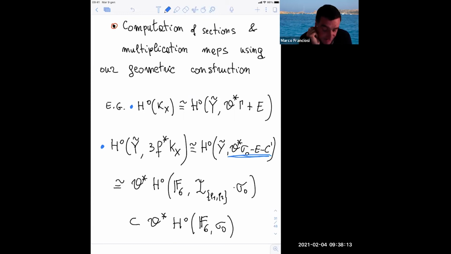It is theta star of sigma 0 minus E minus C prime. So we have this very nice geometric description. And this is helpful for us to study the ring for multiples of 3KX.